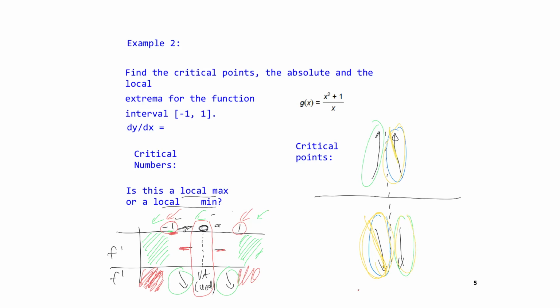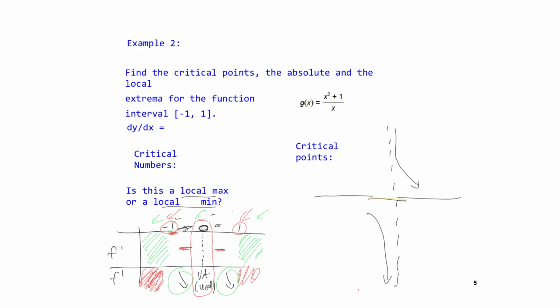It's this one here that seems to have a negative slope going from left to right. So based on our first derivative test and based on the sketch near the vertical asymptote, this is what the behavior looks like. It seems like the graph is always going down to the left of that vertical asymptote. As I get closer to the vertical asymptote from the right, it seems like the graph is going up.